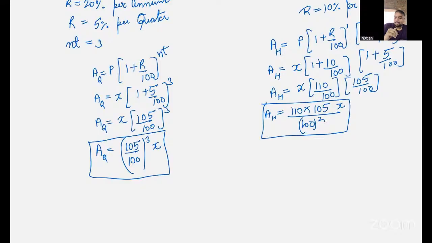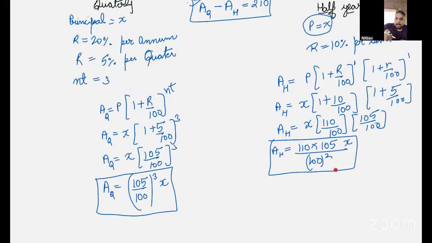The reason is that when you multiply and then divide, there is a risk of division error or multiplication error. If you take out the common and simplify, that risk reduces. So you can do it, but I prefer this method only. Did you understand?